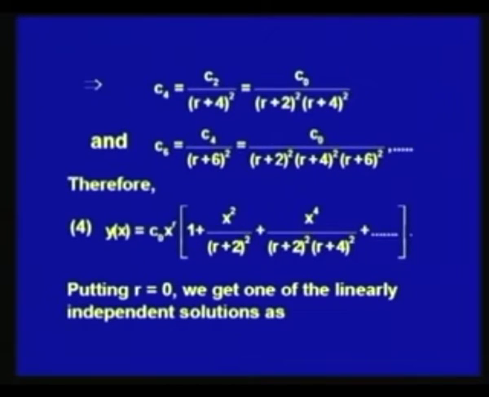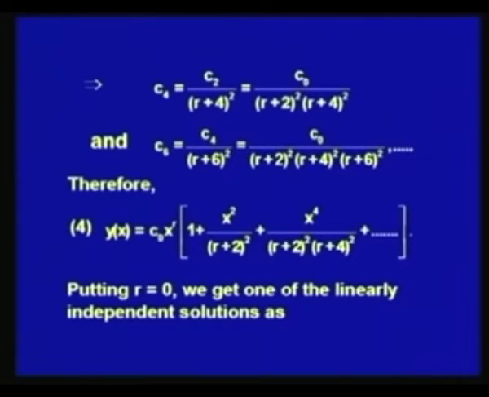And thus the solution of the differential equation can be written as y(x) equal to C naught x to the power r times 1 plus x square over (r plus 2) whole square plus x to the power 4 over (r plus 2) whole square (r plus 4) whole square and so on, which satisfies all the recurrence relations.